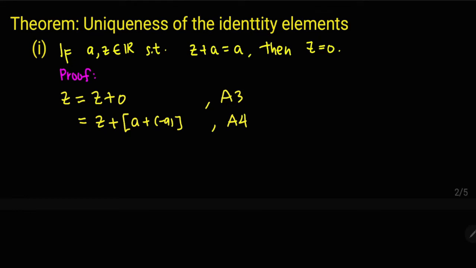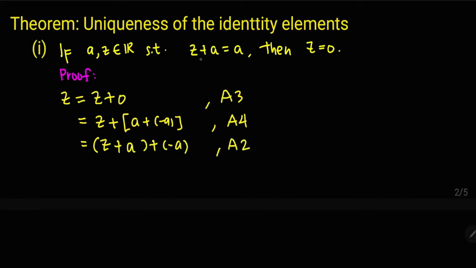Whenever we have three real numbers, we can regroup them by the associative property of addition. So this can be written as C plus A, quantity, plus the negative of A. So we regroup C and A together. Again, that's from the associative property of addition.